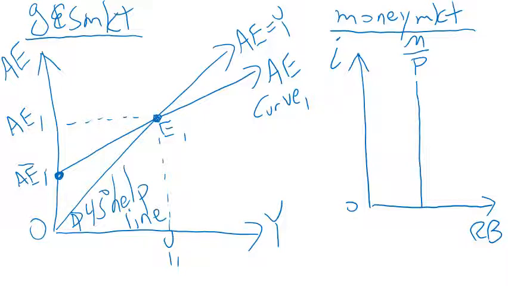P is the general price level, which for the time being we are keeping constant or predetermined. All right, so P is constant. So together M over P is the real money supply. And this negatively sloped curve is the money demand curve.